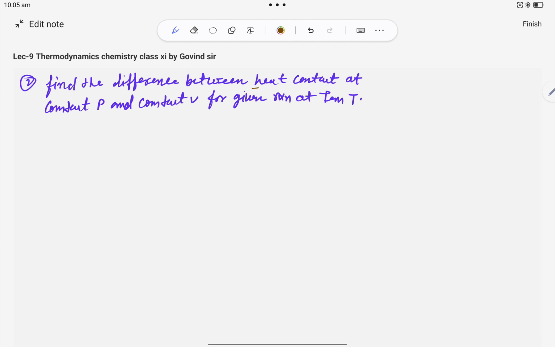They are asking heat content at constant pressure and constant volume for the given reaction, and the temperature is T. The reaction is given.